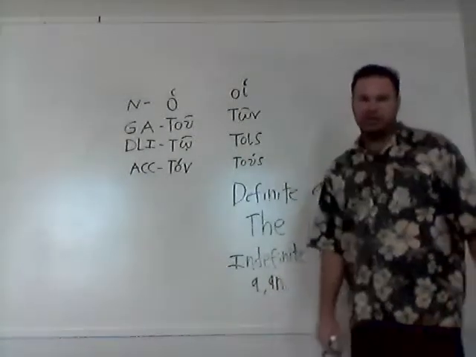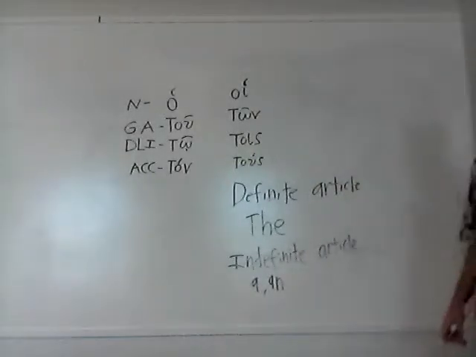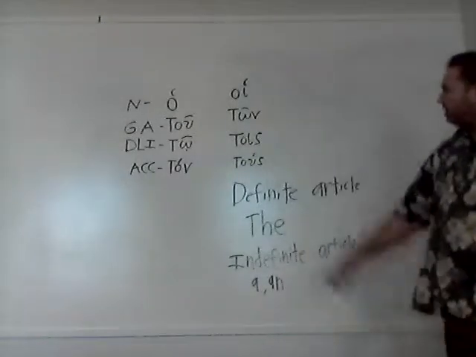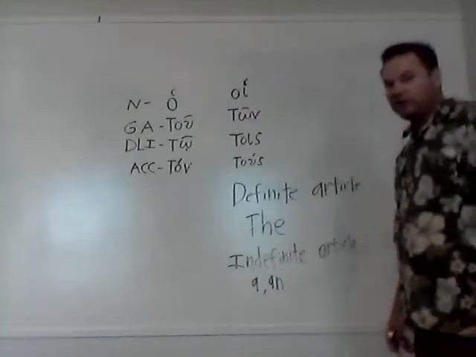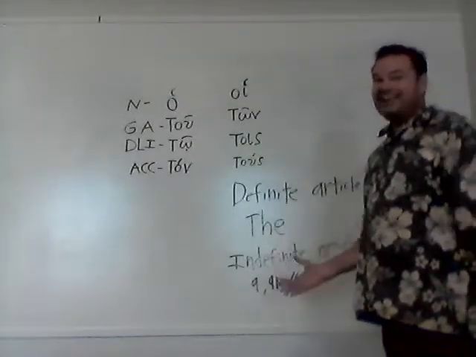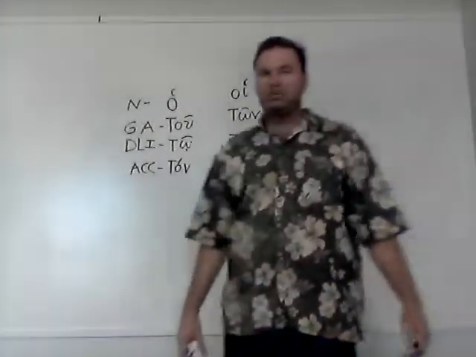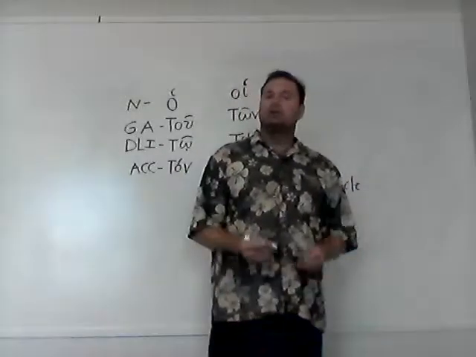A person, an apple, etc. Now, the reason we don't call the Greek article the definite article is there is no indefinite article in Greek. There's no equivalent of a.